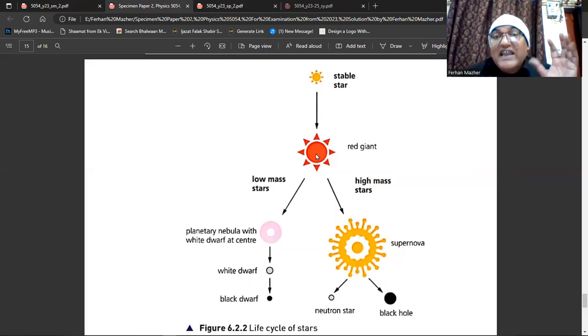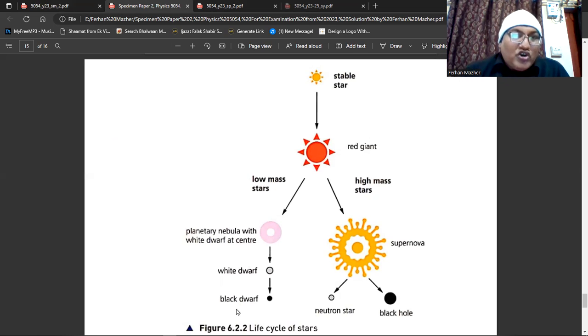Once it is a red giant, two things can happen, depending on the mass of the star. Our sun is a low mass star. What will happen with our sun? It will convert into a planetary nebula with a white dwarf at the center. Then it will become a white dwarf and then a black dwarf.